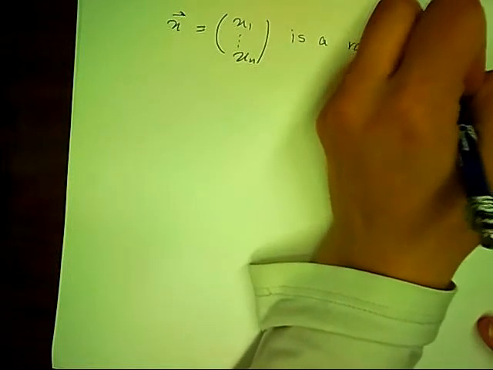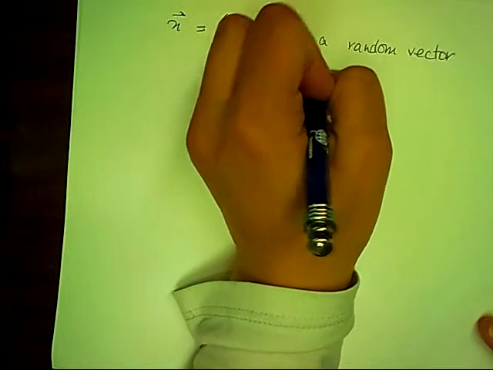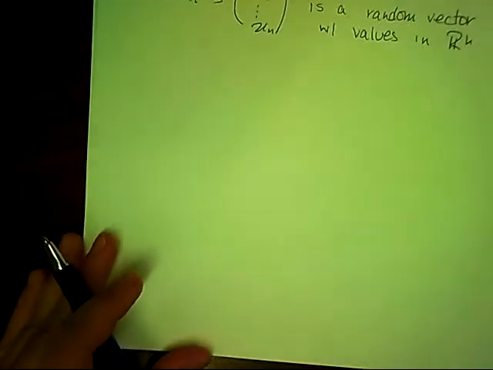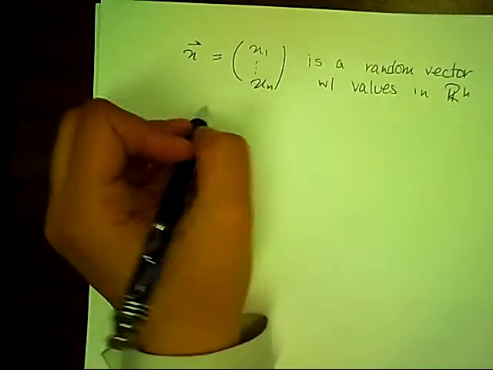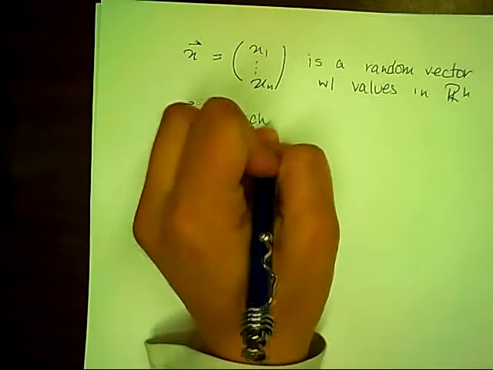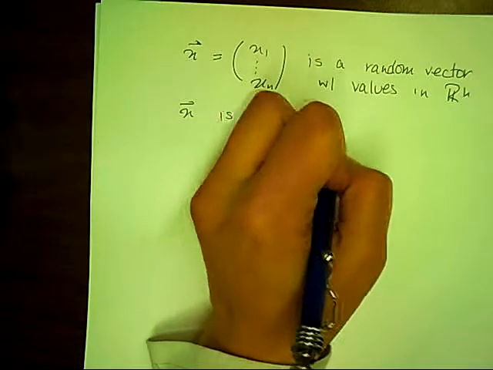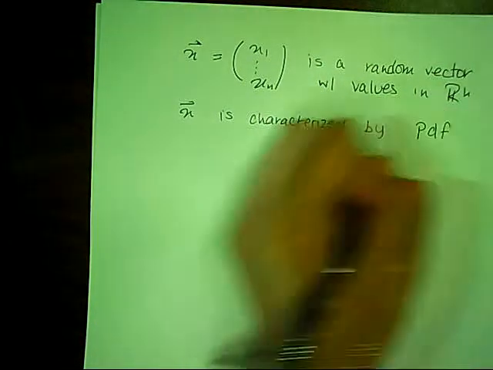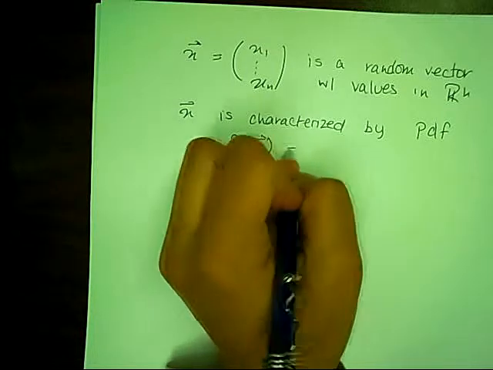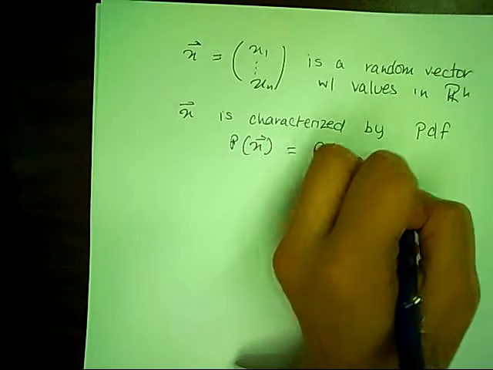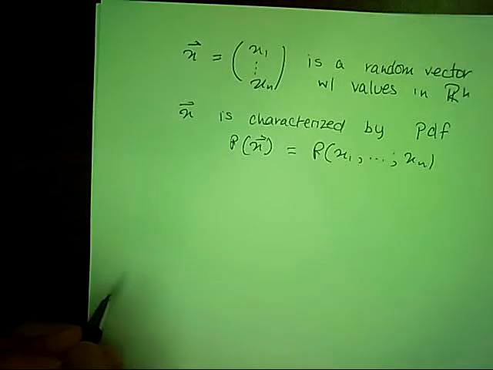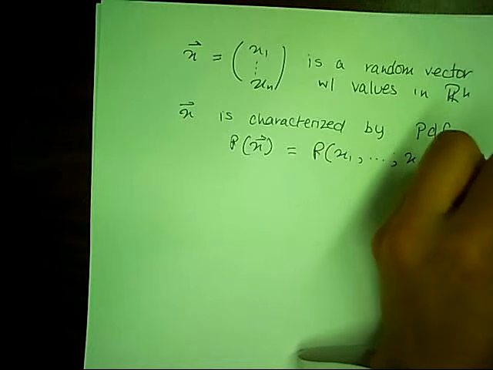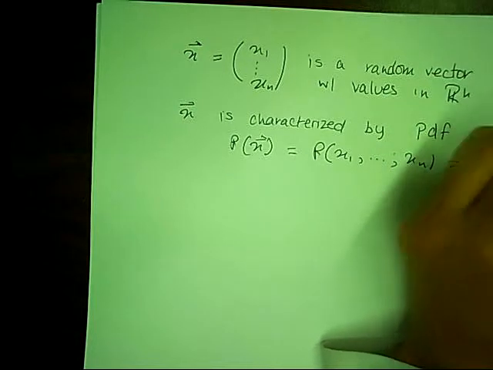So x bar is a random vector with values in R^n, and x is characterized by a PDF, probability density function, P of x bar equals P of x1 to xn.